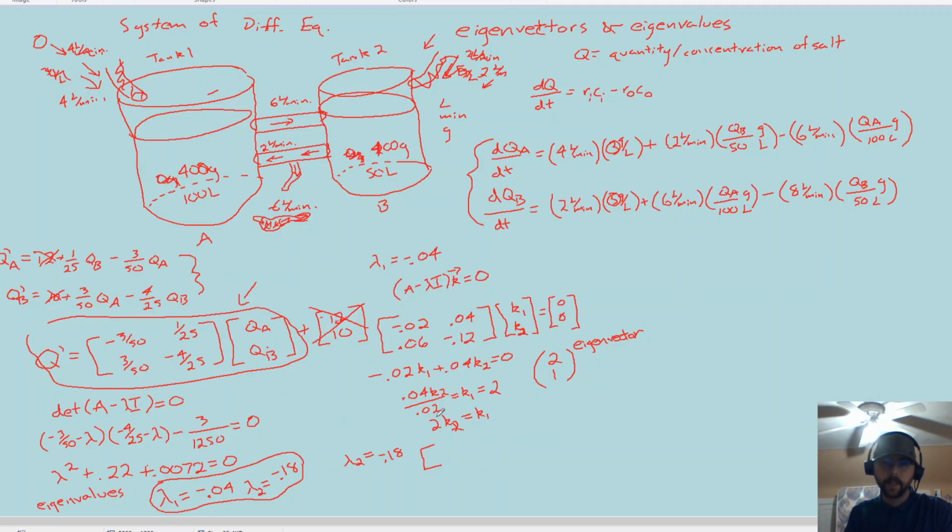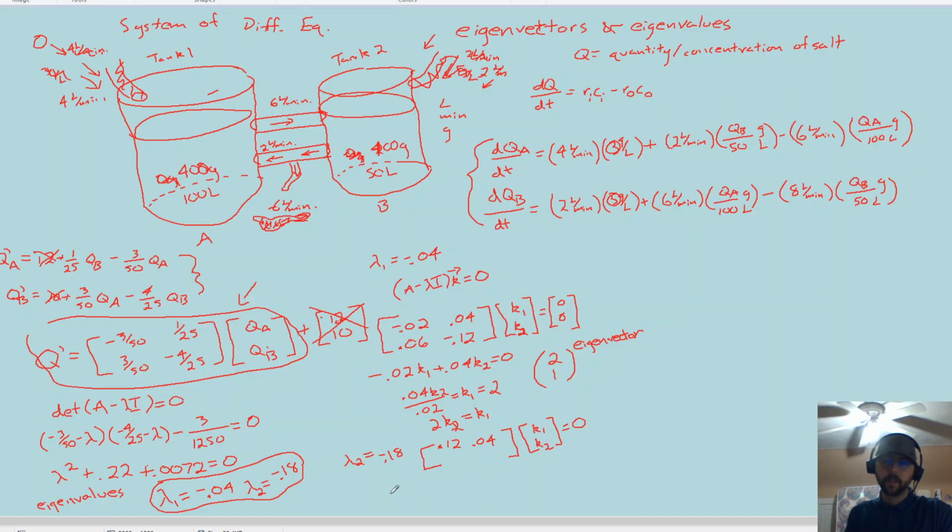Numbers weren't really that bad. So in the top left we would have 0.12, and in the top right that doesn't change, so we would have 0.04. And I don't actually need the bottom row because I'm not going to use it anyway. But it's technically there. I'm just not going to solve for it. k1, k2 equals 0 as a vector.